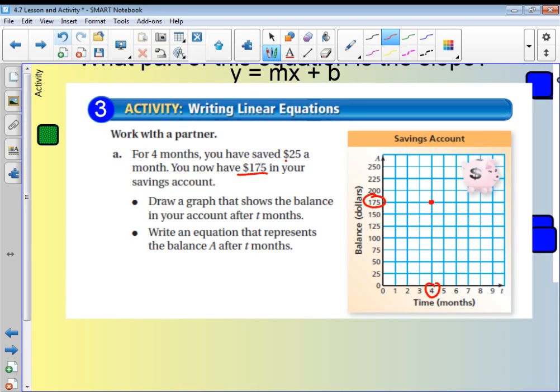I have to use the information. So it says you save $25 a month. So each month I saved $25. So if I were to go back to month 3, well, I would have $25 less, right? So notice that in my graph, each box is worth $25. So that means that at month 3, I was right here because that's $25 less.